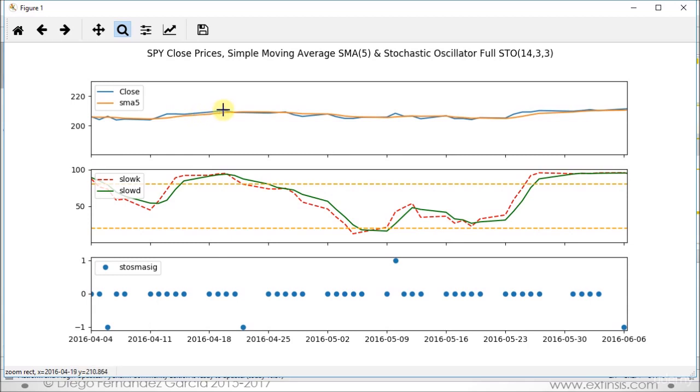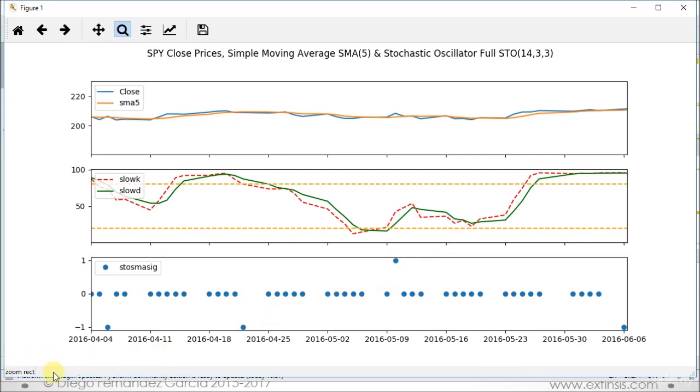So if the close prices went from above to below the simple moving average, and this was confirmed by the slow D stochastic oscillator being above that upper threshold of 80, meaning that it was overbought, then we had a sell type of signal. On the other hand, if our close prices crossed from below to above the simple moving average, such as in this case, and this was confirmed by our slow D stochastic oscillator being below 20, which was the oversold area, then we have a buy signal like this one right over here.